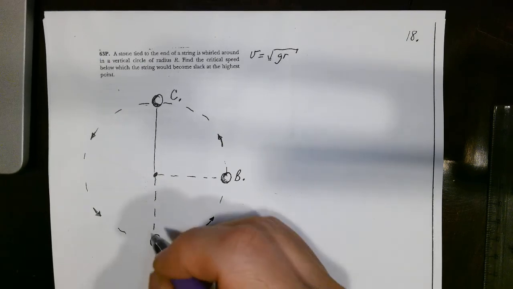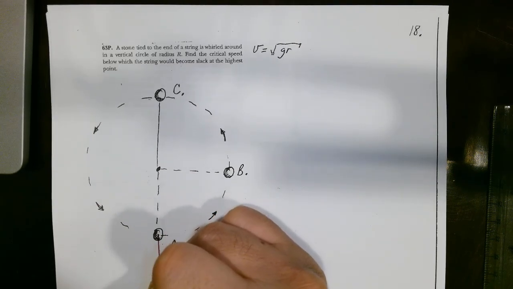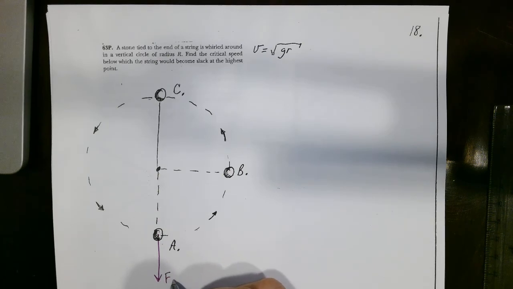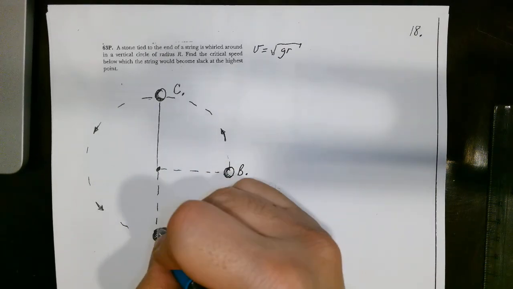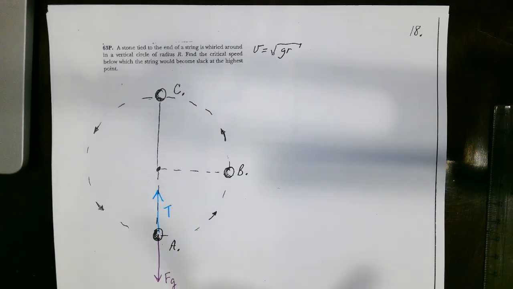So here, if I were to look at the bottom of this vertical circular motion, here I would have Fg going down this way, and I would have tension going like this, okay? They don't necessarily have to be the same size, by the way, right?